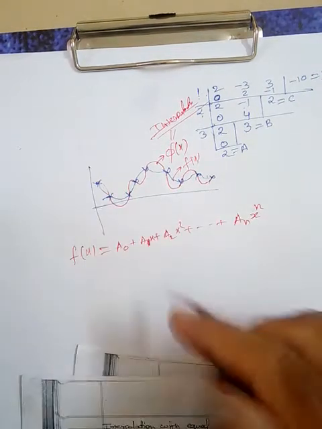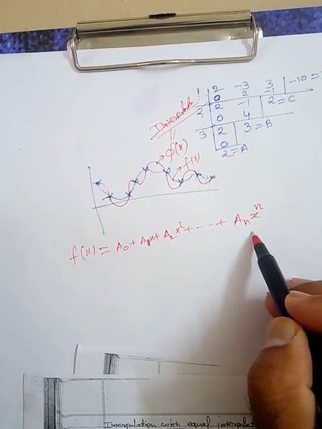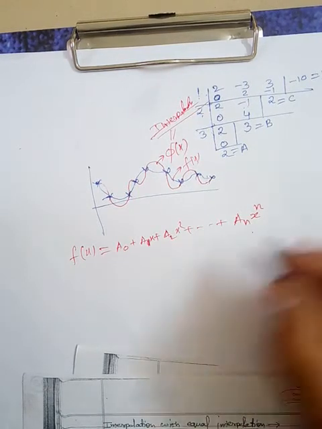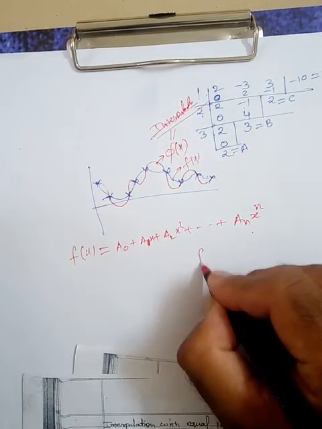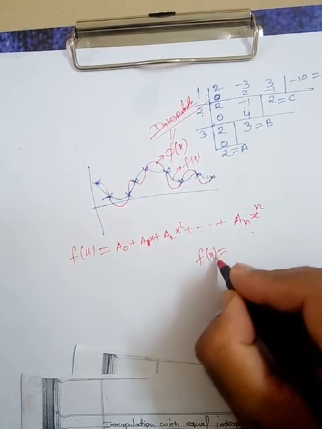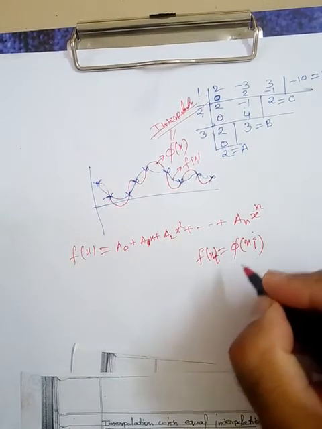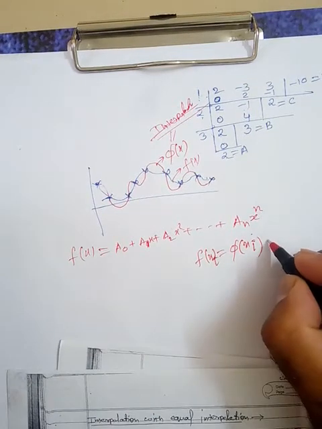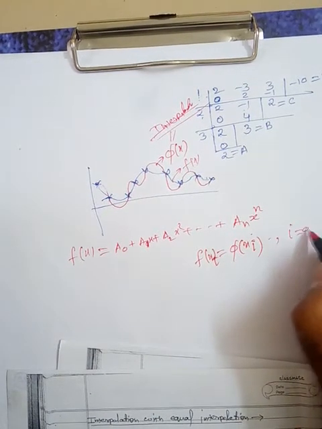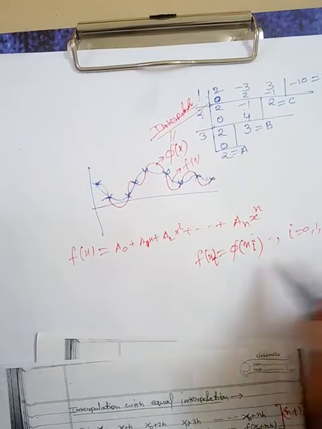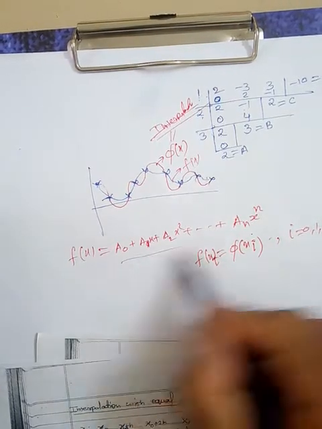And here we have not assumed the interpolating condition. We know what the interpolating condition is. The interpolating condition says that f of xi is equal to phi of xi when i is 0, 1, 2 to n. We have not taken care of this.